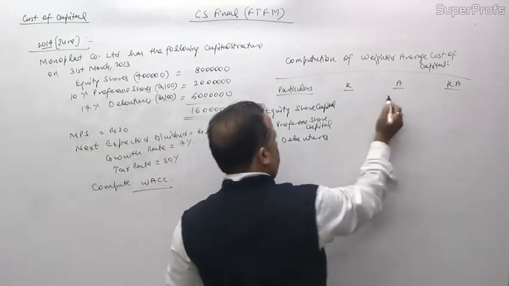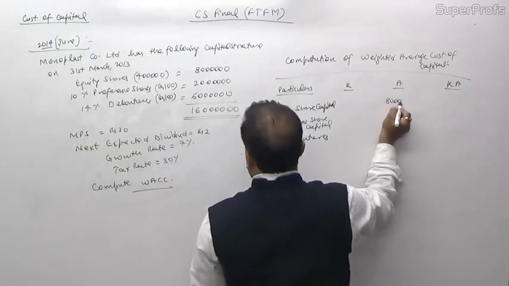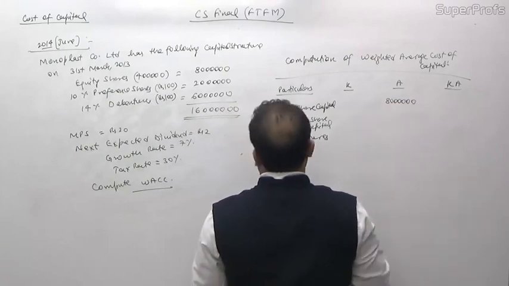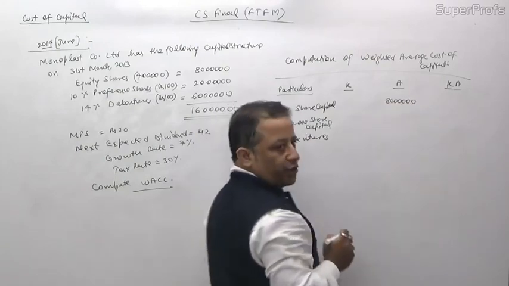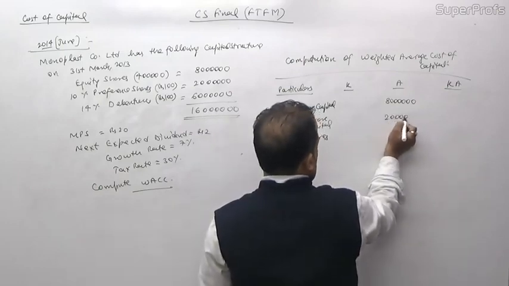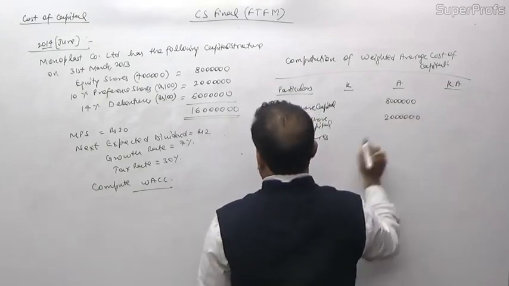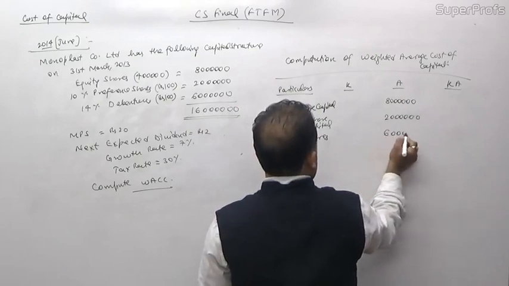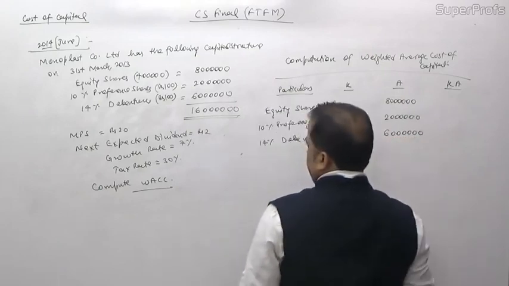The value of equity shares is 80 lakh rupees. The value of preference shares is rupees 20 lakh. The value of debenture is rupees 60 lakh.